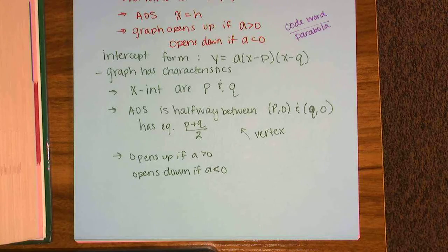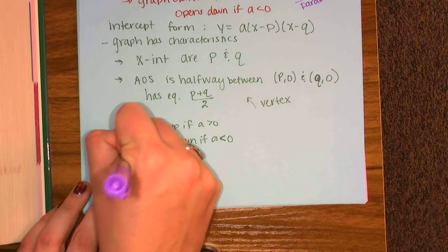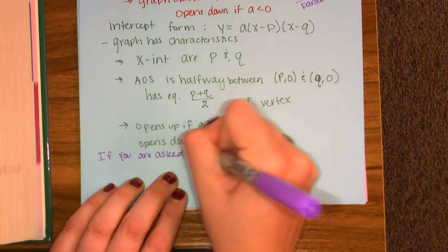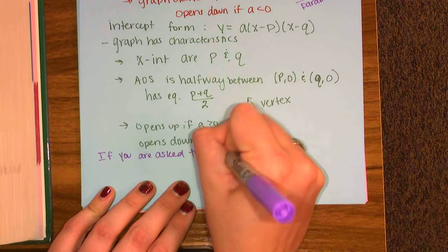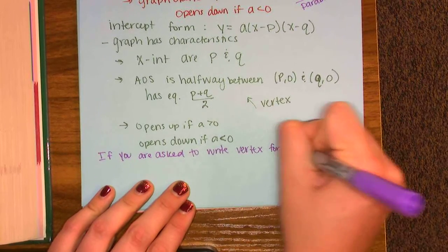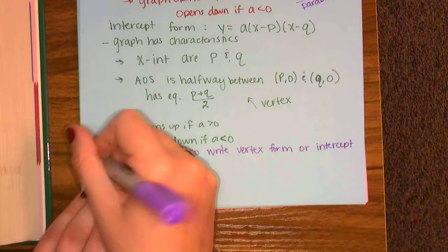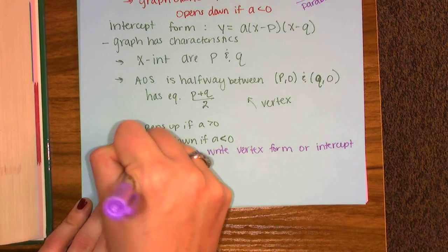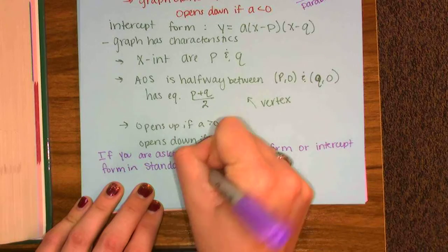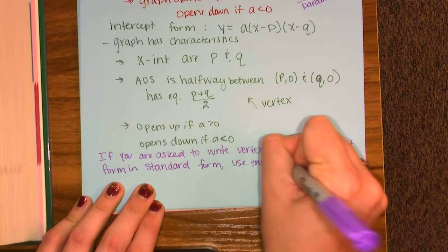I'm not going to do any examples here. If you're asked to write vertex form or intercept form in standard form, use the FOIL method.